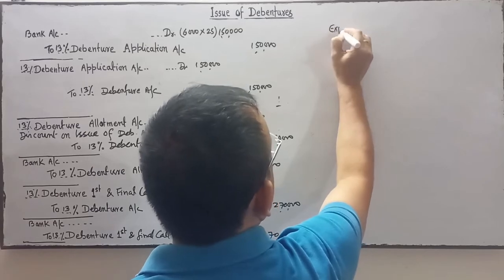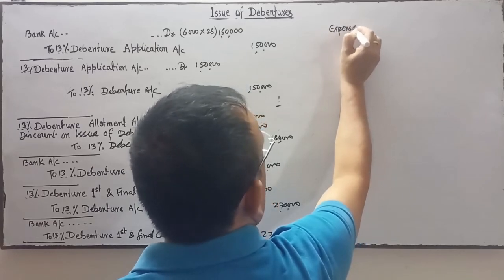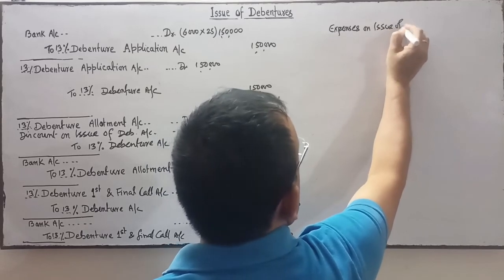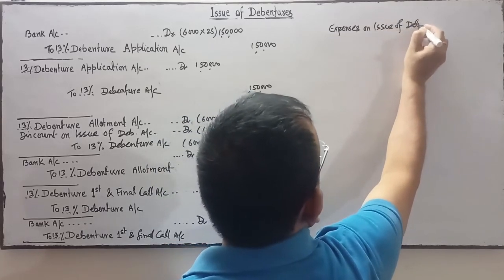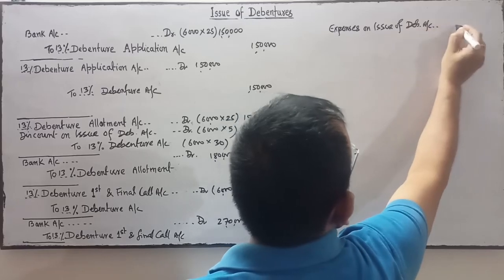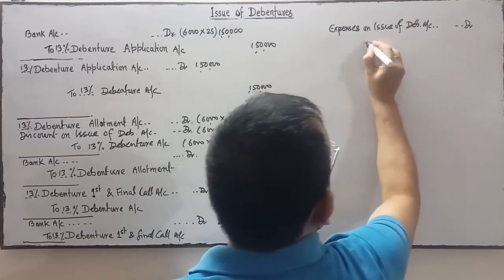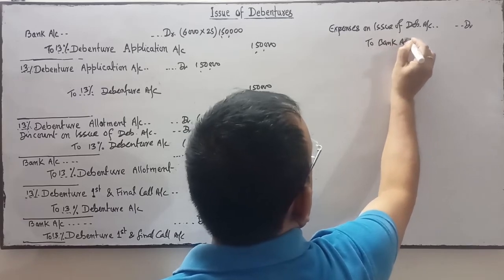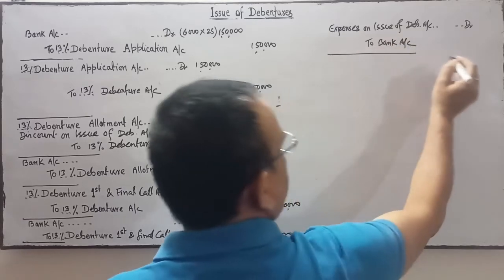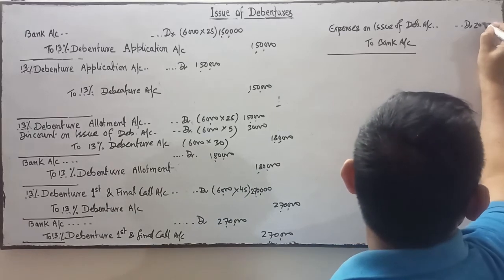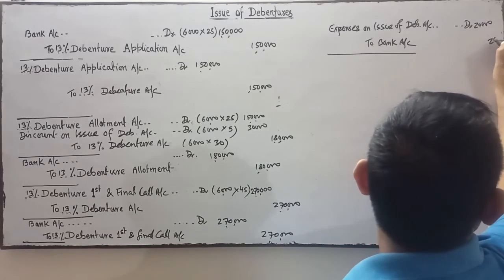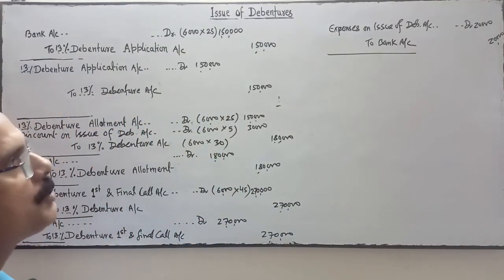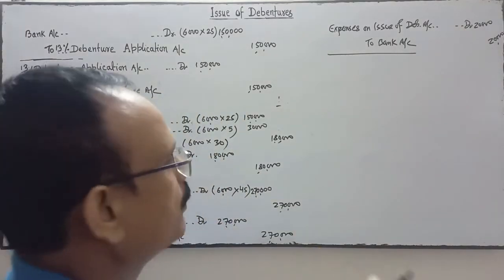So the entry will be expenses on issue of debenture account debit to bank account, 20,000. 20,000 in debit and 20,000 on credit. Expense on issue of debenture account debit to bank account.